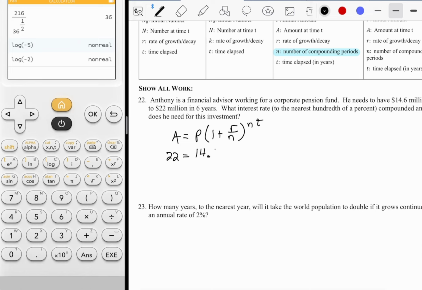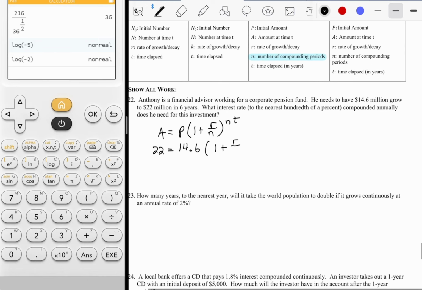It's right now 14.6. You don't have to put the millions in there, like 22 million, 14.6 million, because those 6 zeros are going to cancel out anyway. All right, so 1 plus, we don't know what R is. They told us that N, indirectly, told us that N is equal to 1. And that's because annually happens 1 time a year. Raised to the 1 times 6 years.